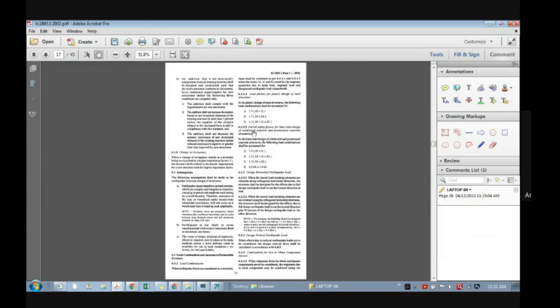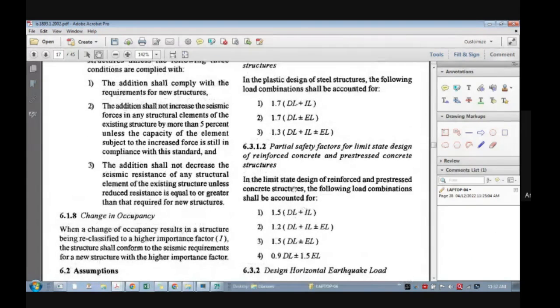See this part, 6.3.1.2 for RCC. These 4 combinations are actually giving you 55 combinations, because for earthquake there are 2 types.